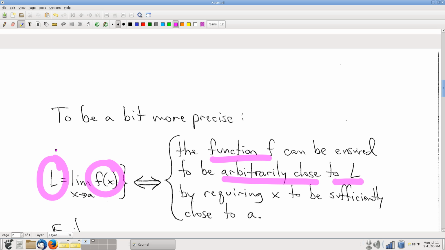However close you need it to be, we can ensure that f will be that close to L. And we ensure that by requiring that x be appropriately close to a. So simply by requiring x to be close to a, we can ensure that f of x will be close to L. Let's see a picture.